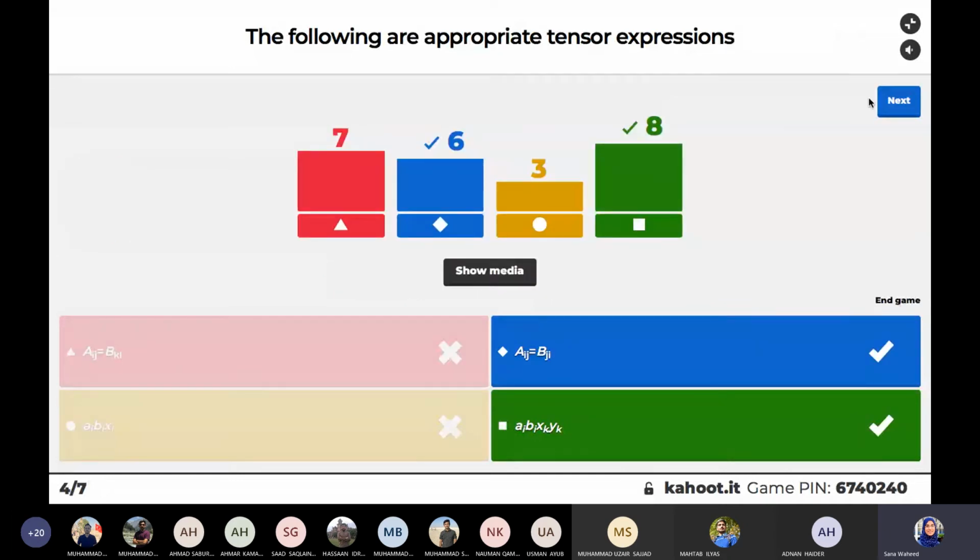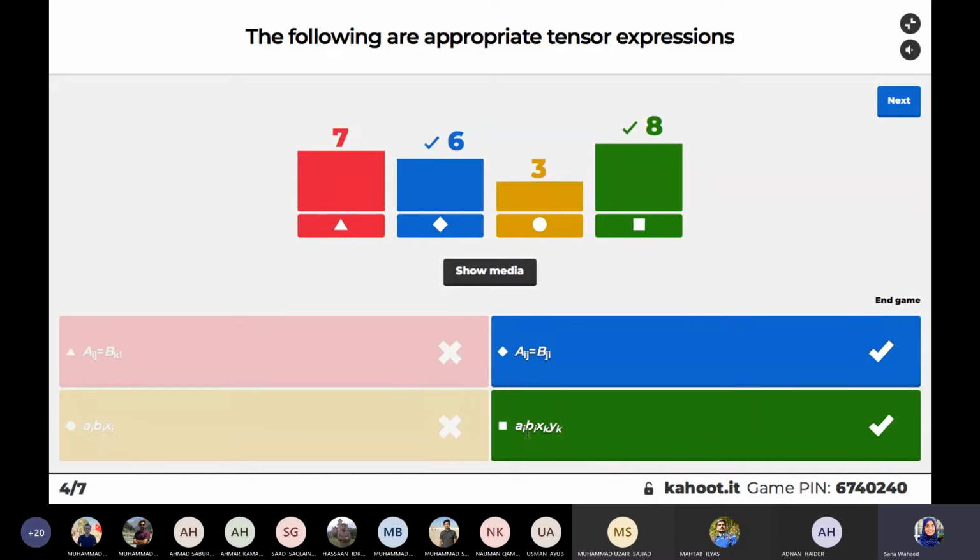Okay, a very large variety of answers. So basically, this one was correct, which says that A_ij equals B_ji. There's nothing wrong with that. There are 2 free indices in each of the left and right hand sides, and the indices match up. So this is correct.